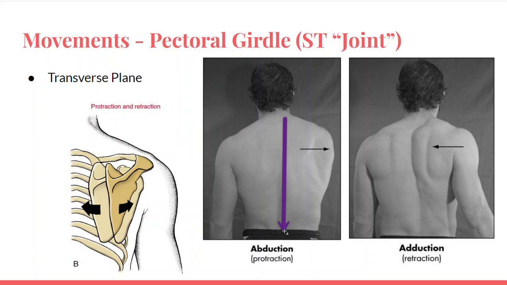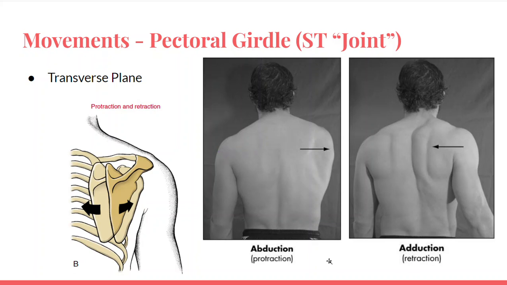So, midline on our spine, abduction is when the scapulae are moving away from the midline. So you're kind of rounding your shoulders, if you will. And if you try to pinch your scapulae together, that is adduction of the scapula. So abduction, they're moving away; adduction, they're moving towards.